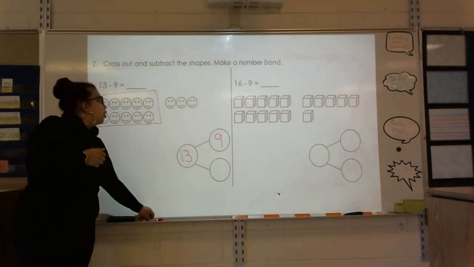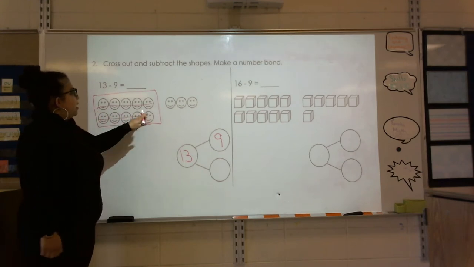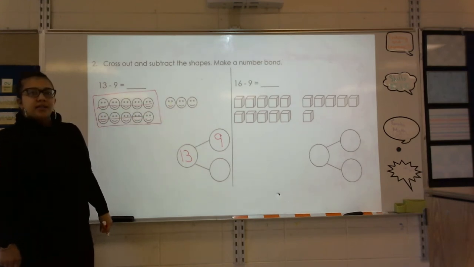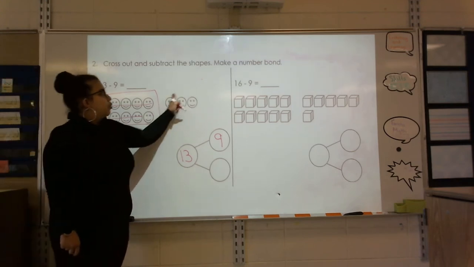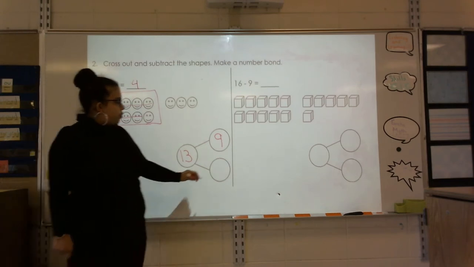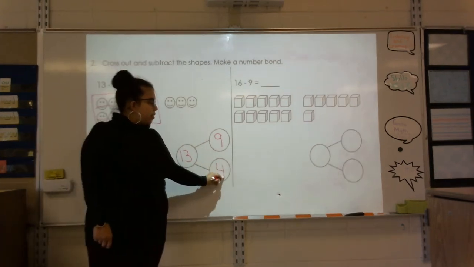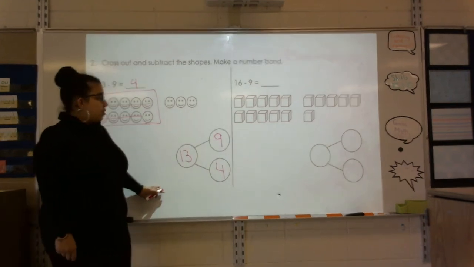So there should be 1 left in the group of 10, in the box. And how many left outside the box? The other 3. So 13 minus 9 is equal to 4. The missing number in our number bond for this whole problem is 4.